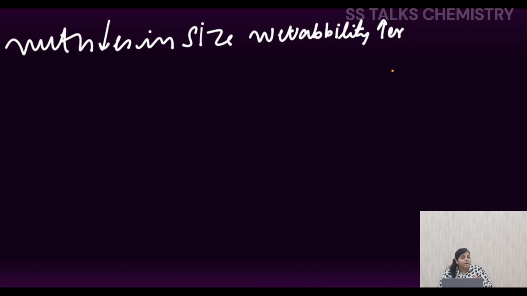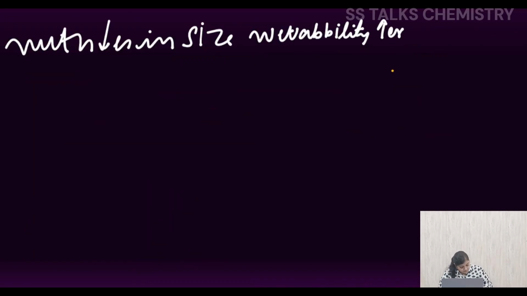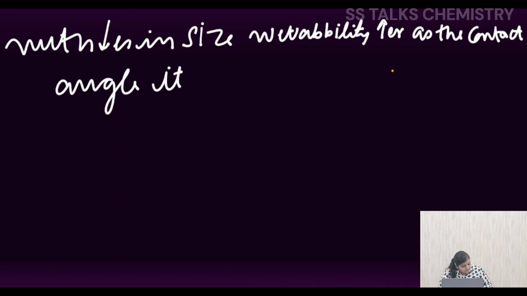Basically the contact angle between the solid surface and the liquid and air interface has now decreased. That means this type of scenario has been observed in the first case. So with the decrease in size, wettability increases as the contact angle decreases.